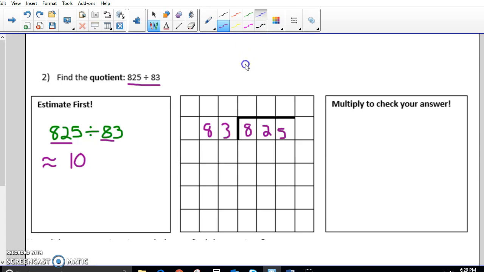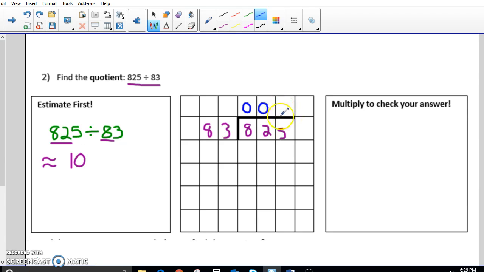I hope that you're saying no, because it cannot, so we're going to put a 0. Can an 83 fit into 82? Almost, but not quite, right? So again, we are going to put a 0.